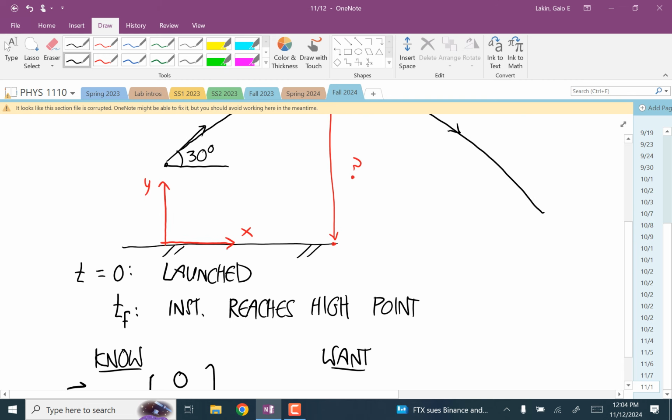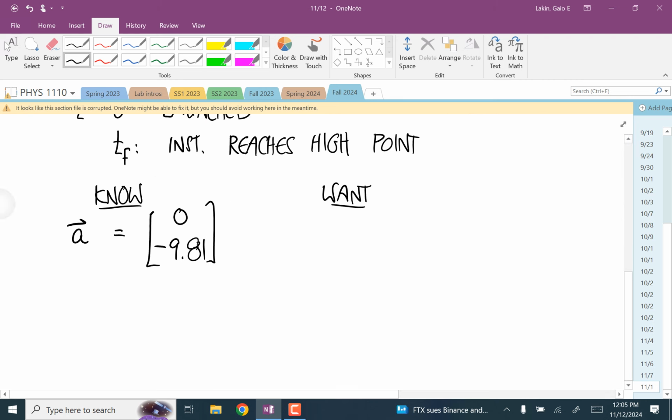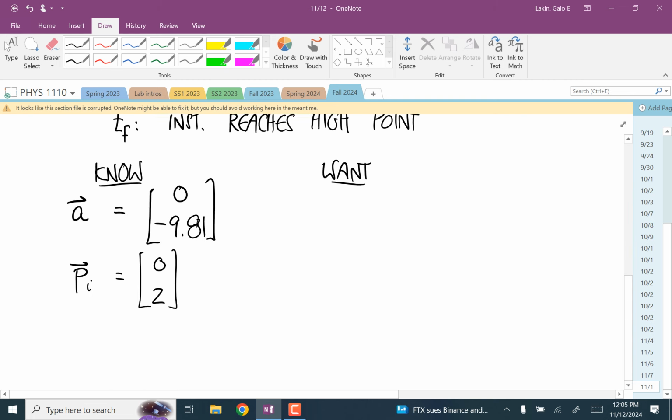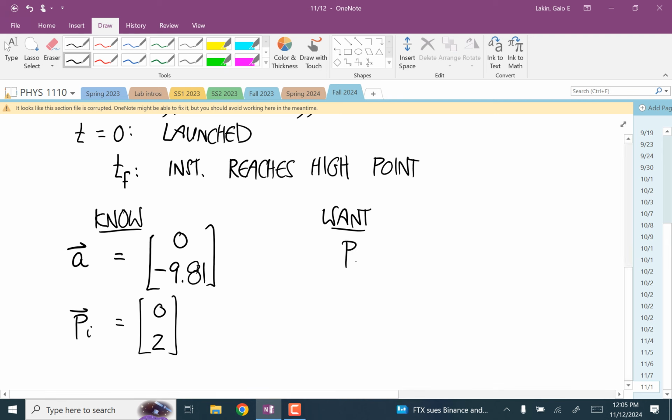The initial position is the coordinates of the object at time 0, so that's the coordinates of the object here. That is going to be 0, 2. Do we know anything about the final position? We're trying to find the highest point, so we're looking for PFY.